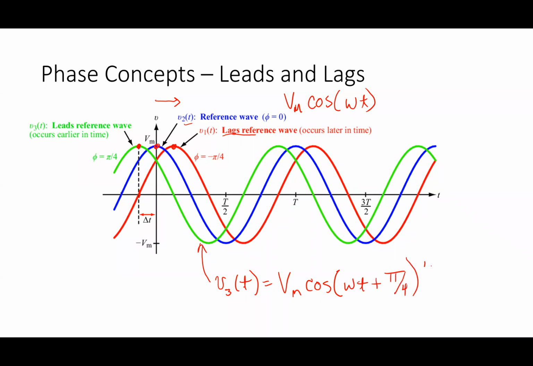This guy leads by pi over 4. V2 here would simply be Vm cosine omega t. And then V1, the red waveform, how would I write that one?